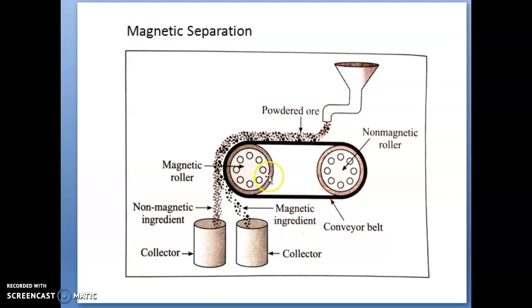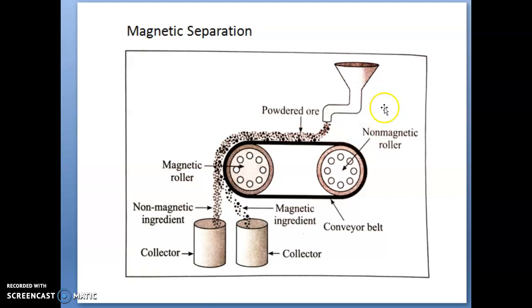A magnetic separator consists of a leather belt moving over two rollers. One roller is magnetic and the other roller is non-magnetic.